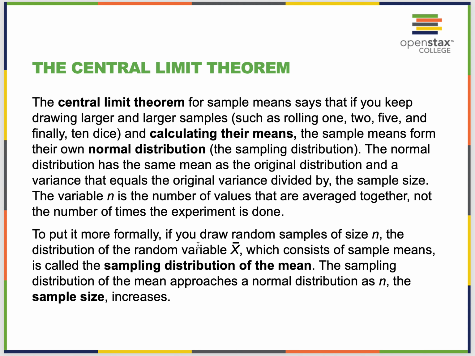To put it more formally, if you draw random samples of size n, the distribution of the random variable x bar, which is the sample of size n estimate of the population parameter, the sample mean, is called the sampling distribution of the mean, and that sampling distribution approaches a normal distribution as n, the sample size, increases.